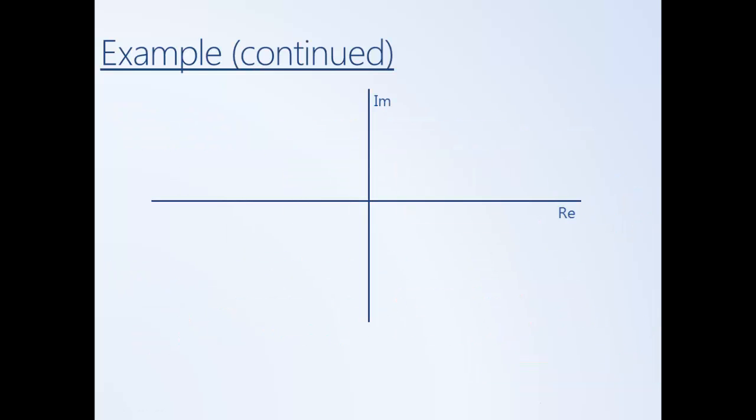Going to the next slide here, we can then draw those in. So recall that omega d is the imaginary part of the pole, and omega d equal to pi is that horizontal line, and we need to be above that line. We need omega d to be greater than pi.